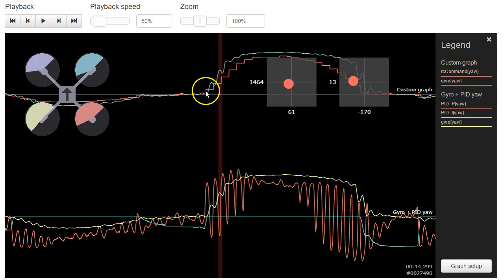I'm trying to figure out, first of all, if it's related to the stair stepping of the RC command. Now we would normally see that in the D term. I don't think it is, because we've got several stair steps here, but we don't have an equivalent number of gyro jags. But hang on.